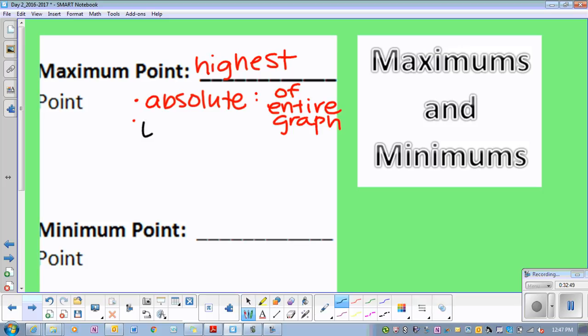There's another one called local. So you could have a local maximum, and those are just high parts, pieces of your graph.